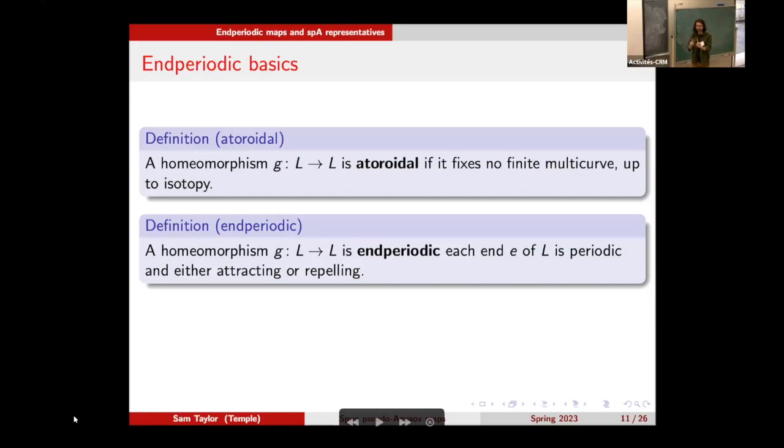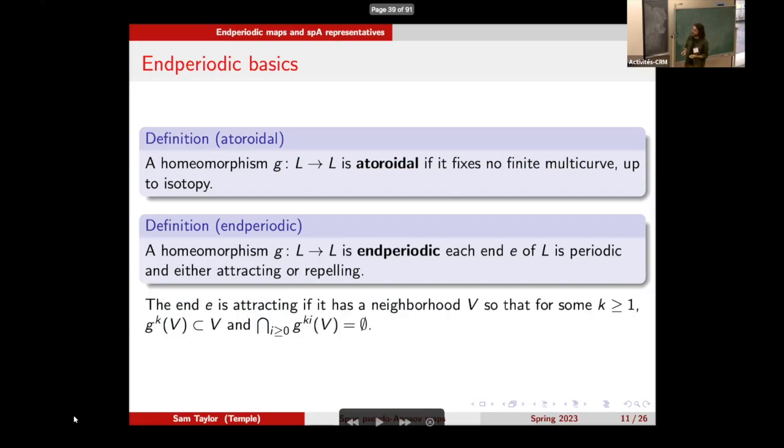So if I look at the first return map, it just pushes me one level up in that spiraling staircase. And the same thing if I'm looking downward from the leaves that are spiraling from above. So in terms of the homeomorphism itself, it has this property of being end-periodic, which means each end of L is periodic and either attracting or repelling.